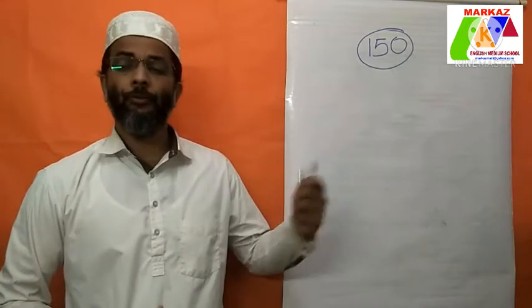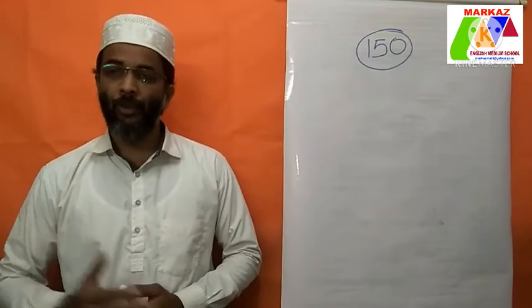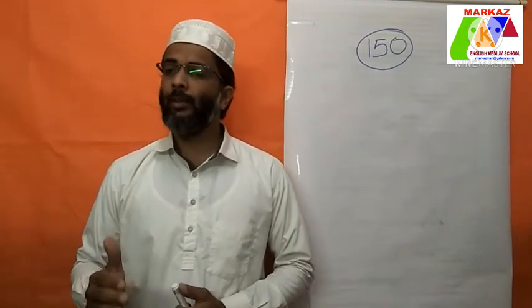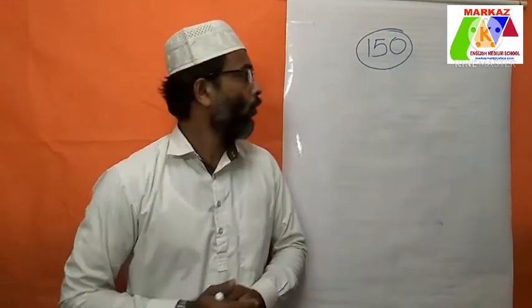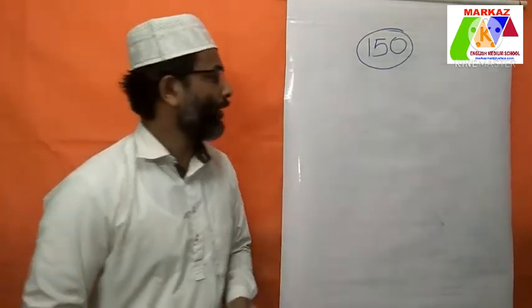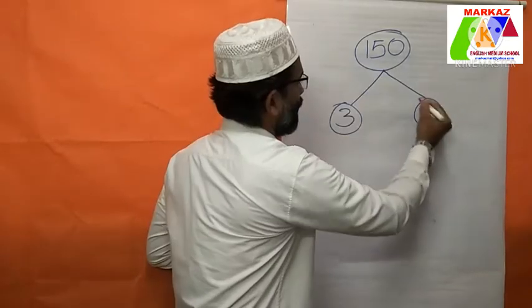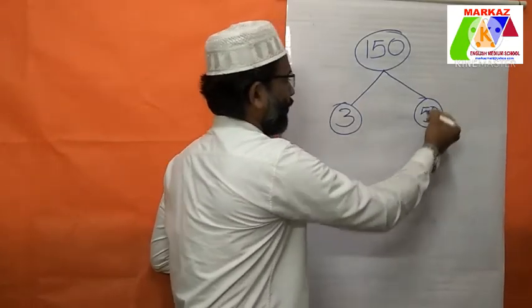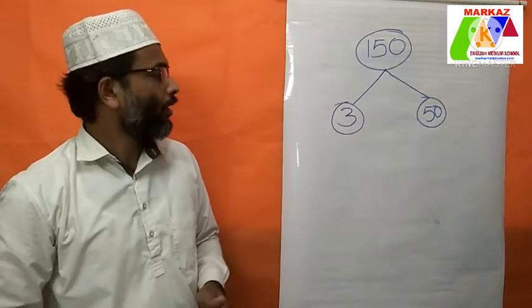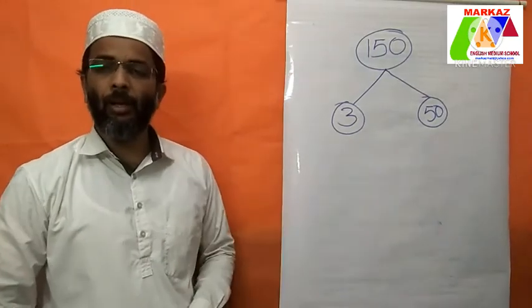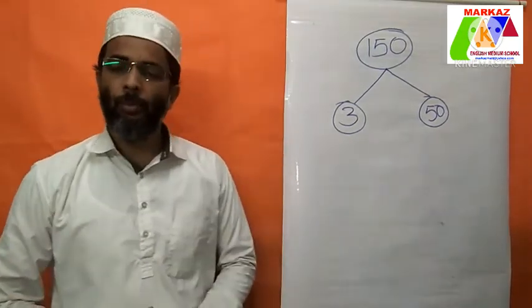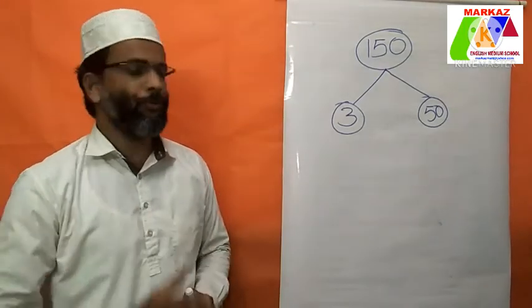Factorize 150 into its prime factors by the factor tree method. 150. We can factorize 150. 3 is a prime number. 50 is a composite number. Split 50.